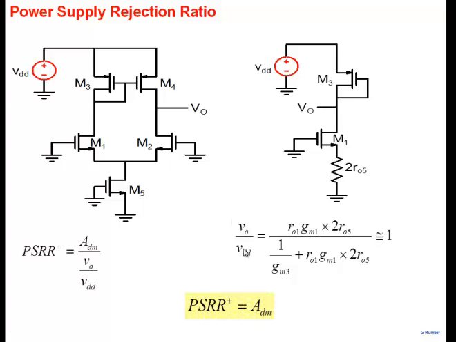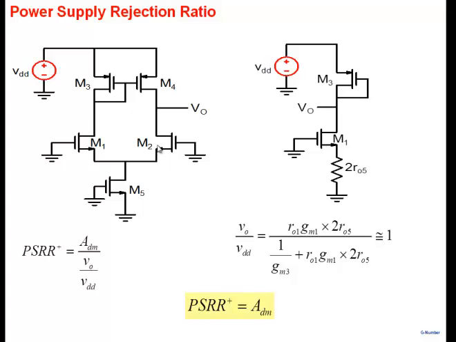Okay. So my power supply rejection ratio then is ADM by 1. And if I have ADM of 100 or 200, power supply rejection ratio is of the same kind. So it is certainly much better than the amplifier that we had earlier.